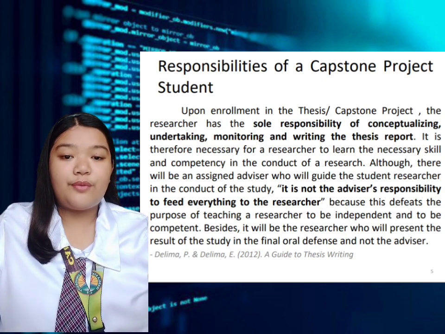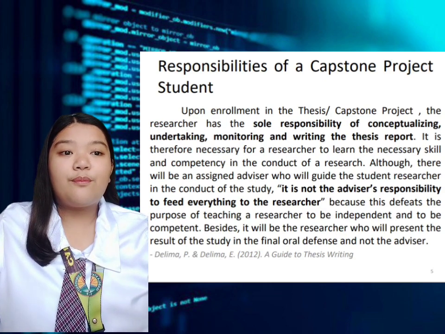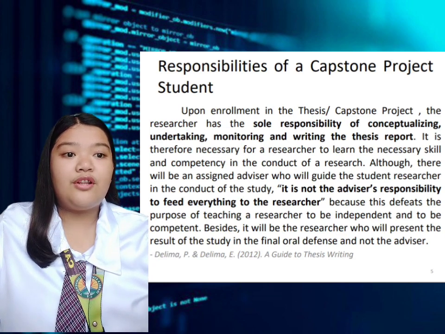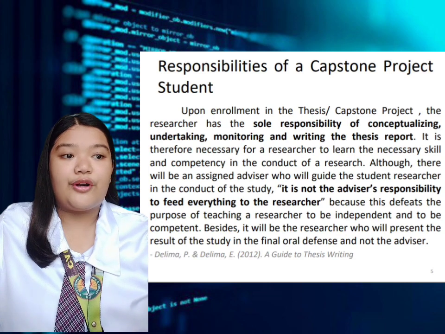Responsibility of a capstone project student. Upon enrollment in the thesis or capstone project, the researchers have the sole responsibility of conceptualizing, undertaking, monitoring, and writing the thesis report. It is therefore necessary for a researcher to learn the necessary skills and competency in the conduct of research.